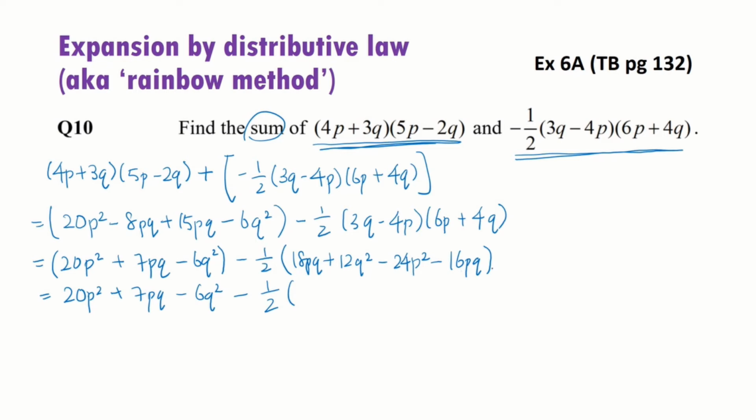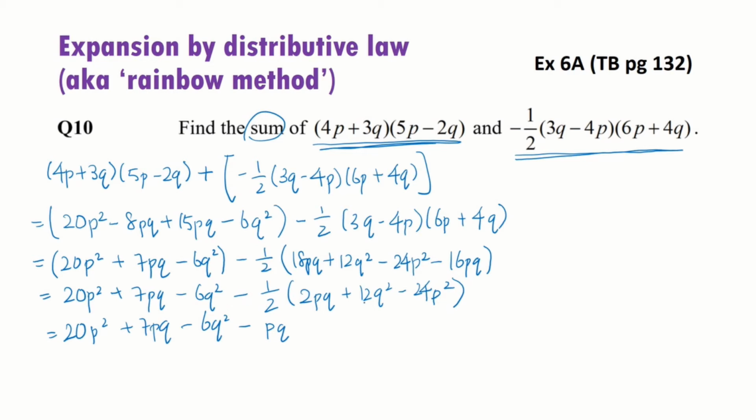So 18pq minus 16pq, I will get 2pq. And then the q squared and the p squared, I can't combine them. So I'll get this. Then now I will multiply the half inside by doing my rainbow method. Half times 2 becomes 1, so I'll get minus pq. By the way, take note there's a minus sign outside here.